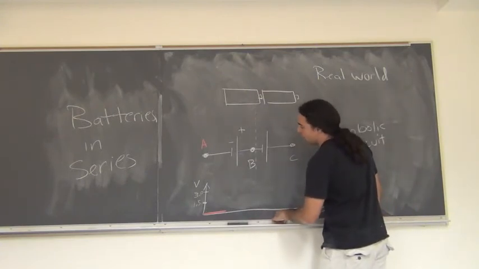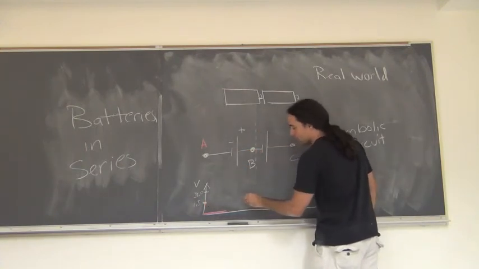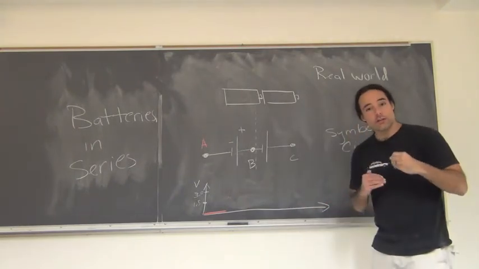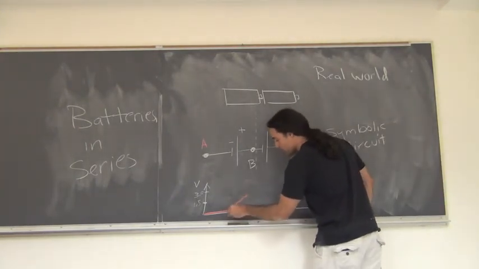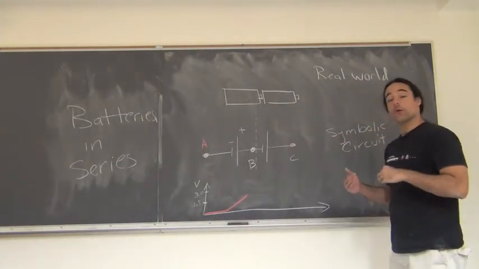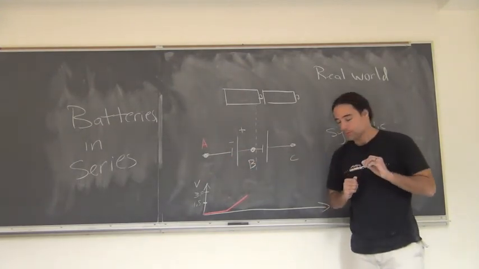As I pass my battery 1, your voltage increases. So that means your voltage goes up. It goes up to 1.5 volts. Remember, the battery supplies voltage.